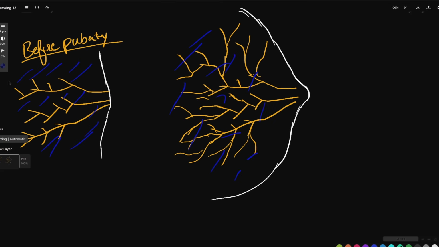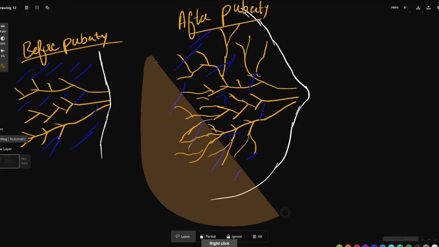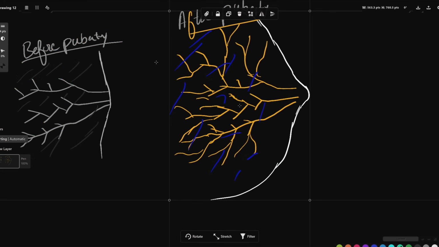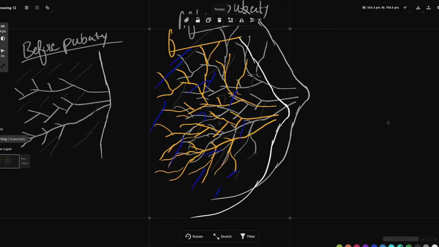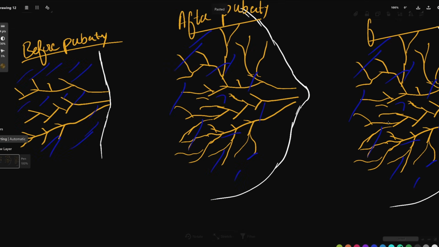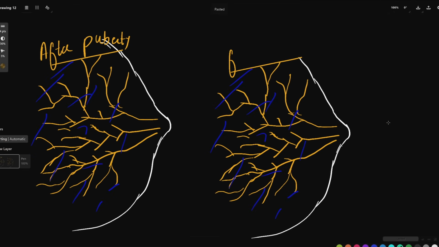So this was after puberty, that there is more branching. Then after that, if I again copy this and I paste it here, let's remove this one.